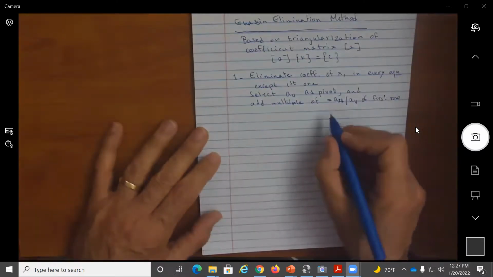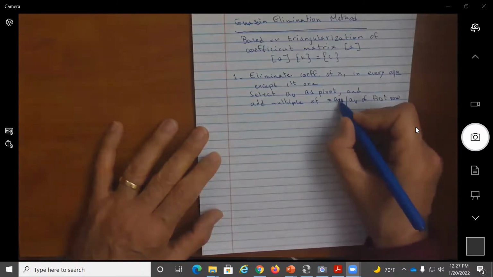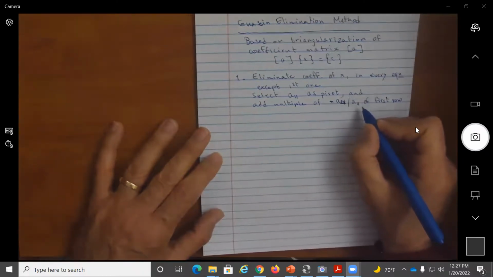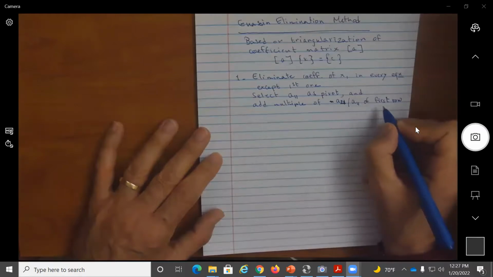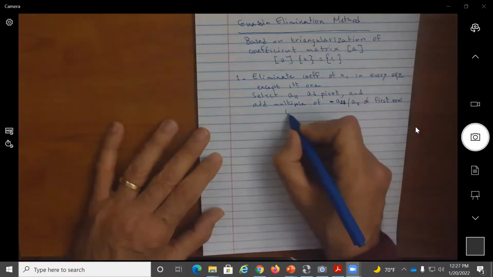Add the multiple of the negative of A21 divided by A11 of the first row to the second row.